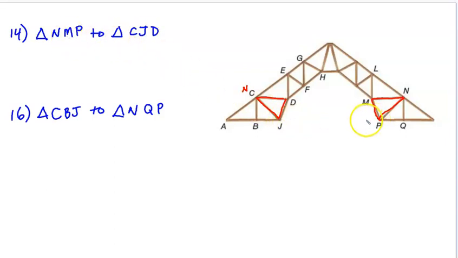M maps to J, and P maps to D. To be a true reflection, these should pick up and sit down, and N and C would map together. M and D should map together, but you see how these are switched. So that tells me that it can't be a reflection. You've got to be careful there. I know it looks like it would be.